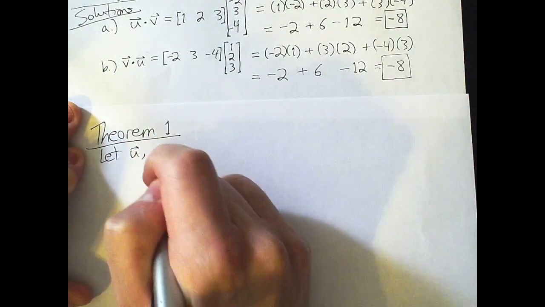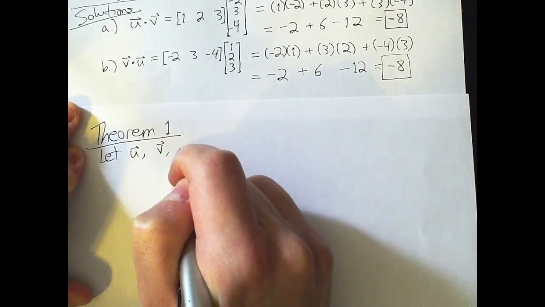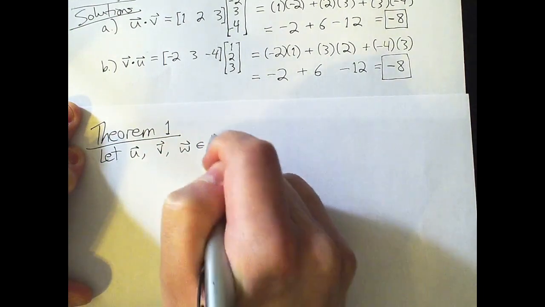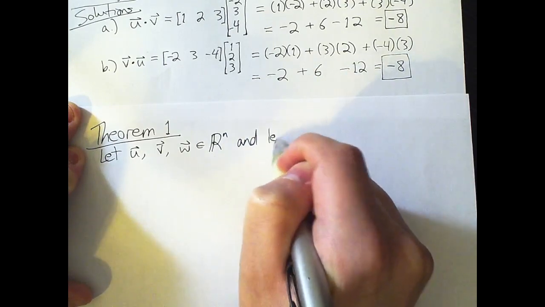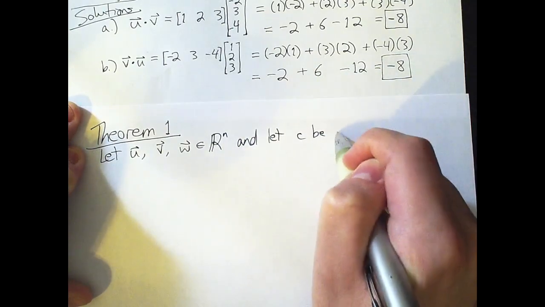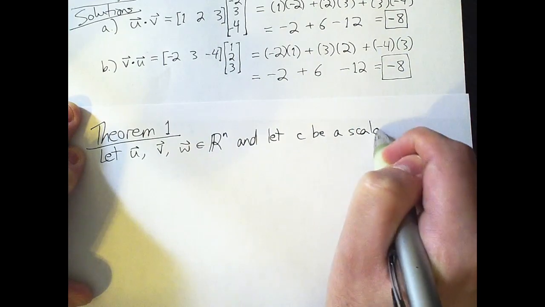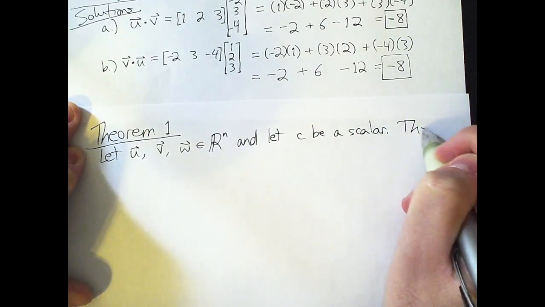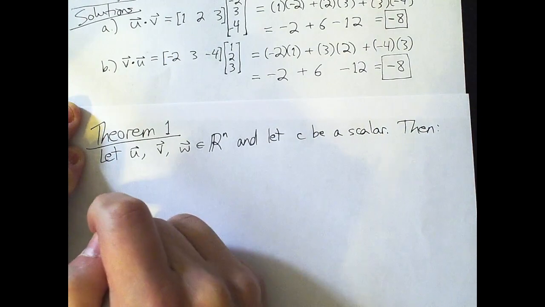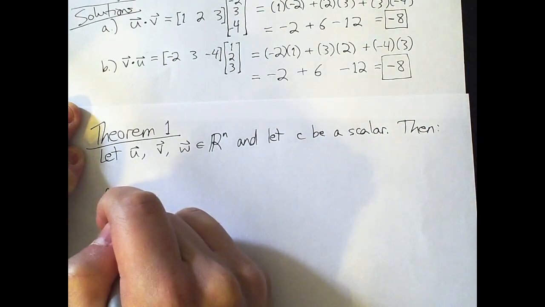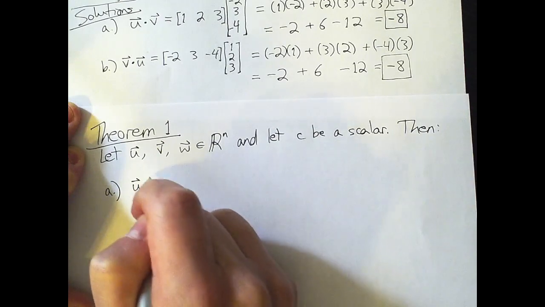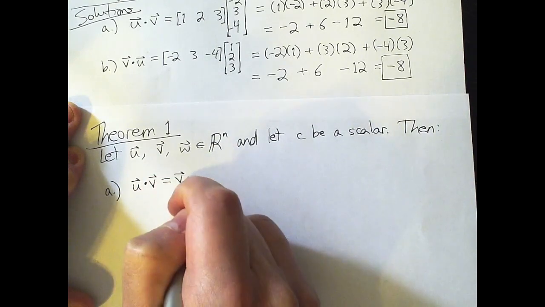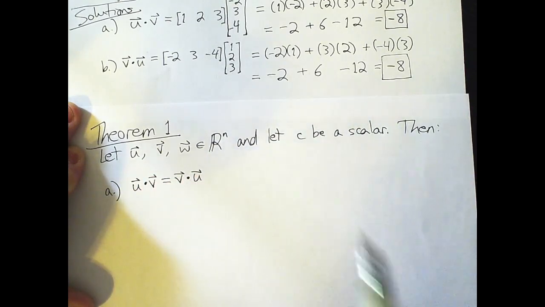Let u, v, and w be vectors in R^n, and let c be a scalar. Then we're going to have 4 properties, and the first property is the one that we were just talking about. u dot v is equal to v dot u. We're saying this in general now, not just for that example.